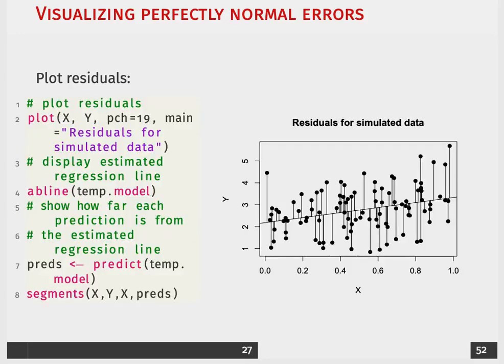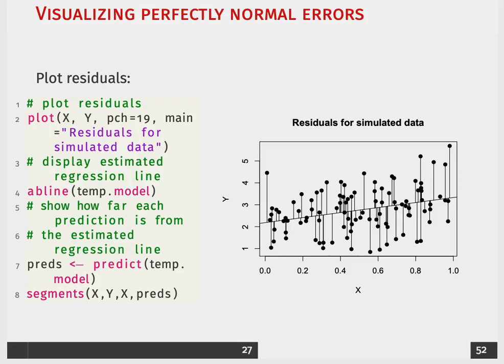What I want to do here is show you what the residuals look like for each of these values of x. And so we can see that sometimes it goes a little bit above the regression line. Sometimes it goes a little bit below the regression line. So for each observation, we have some sort of measurement of how far away our predicted value based on the regression line is from the actual value that we observed.